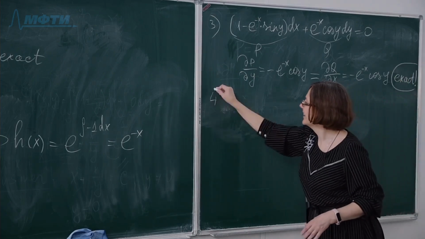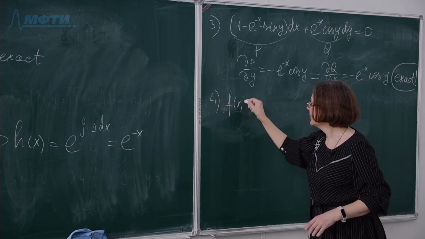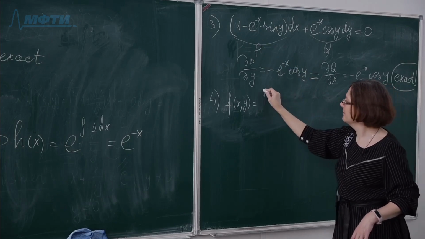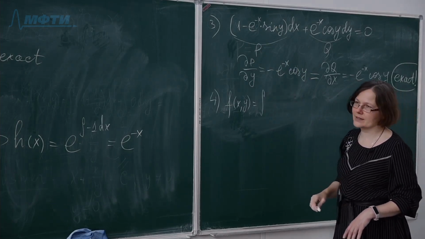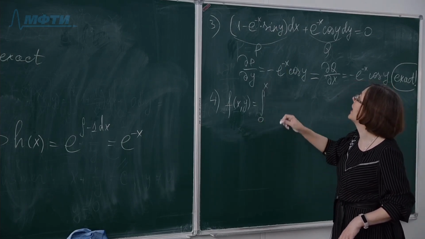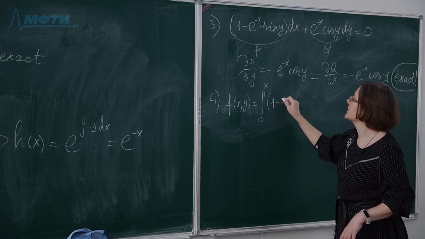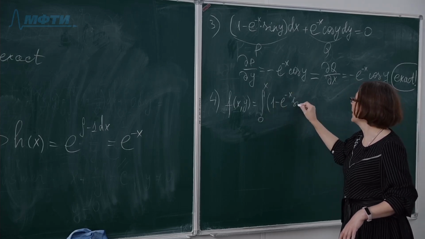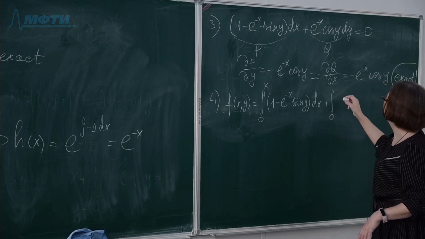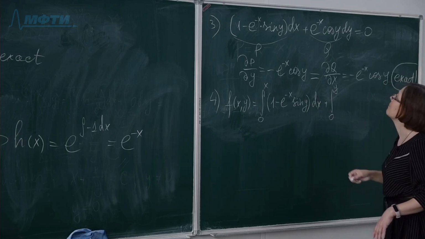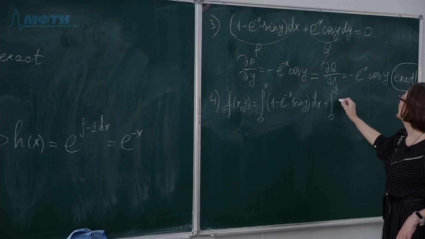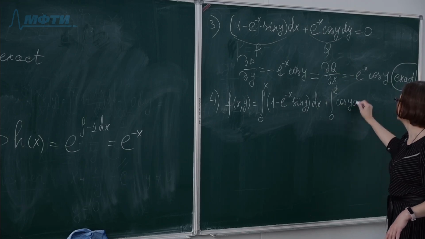Okay, and after all, we should find the function by integrating this function p. So we may choose x0, y0 to be 0, 0. And so we will integrate from 0 to x (1 minus e to minus x sine y) dx plus the integral from 0 to y. We will substitute 0 here, so just cos y dy.